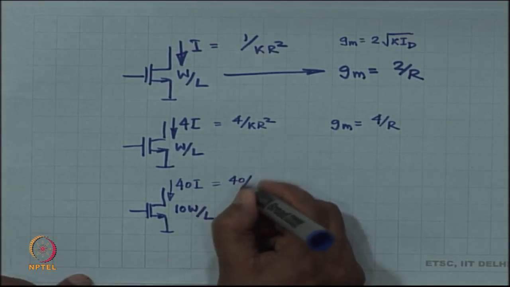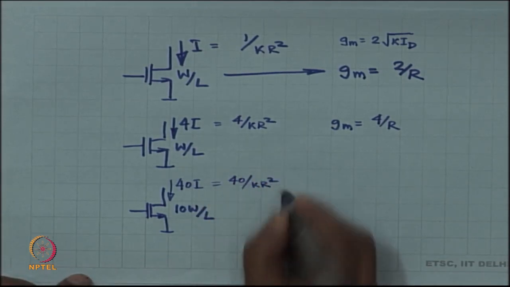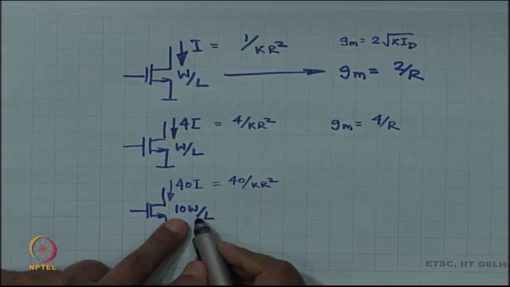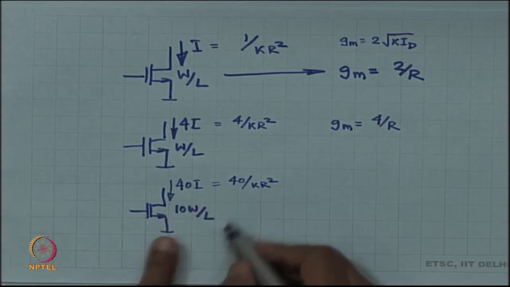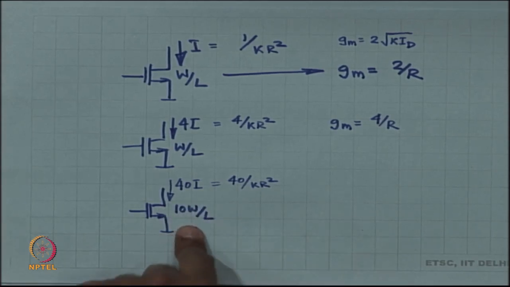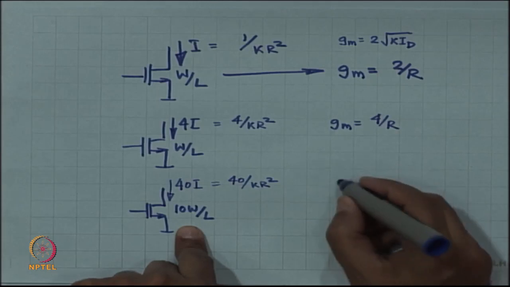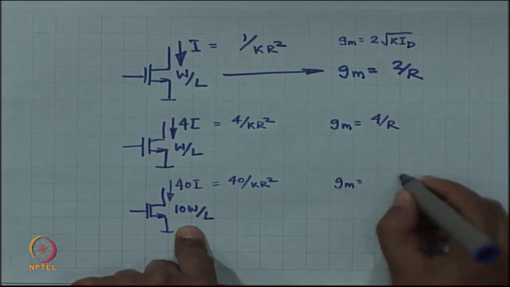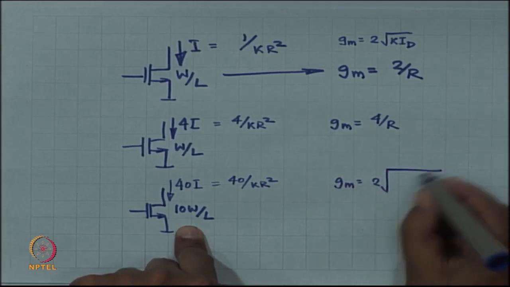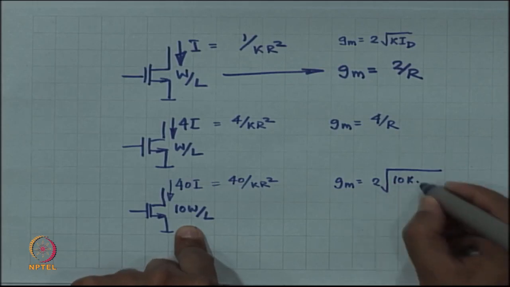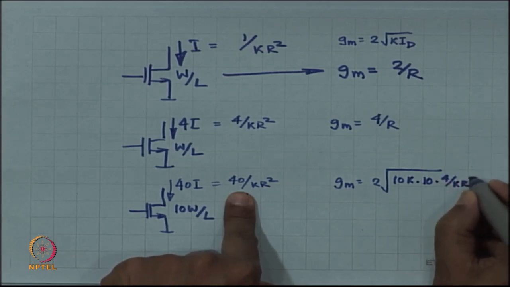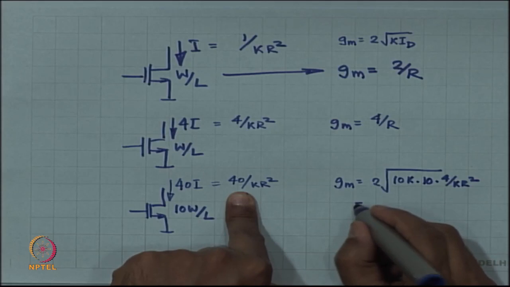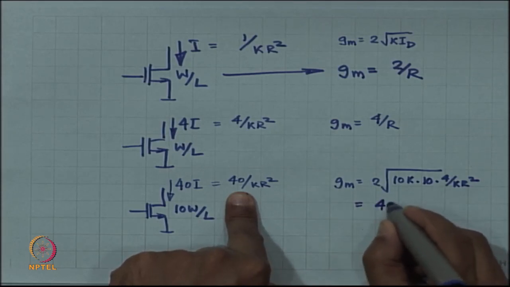This is 40 by k r squared, but this k is the original k and the k of this device is 10 times larger. So, in this case GM will be equal to 2 times root over 10 k times 10 times 4 by k r squared, and you will get 40 by r.